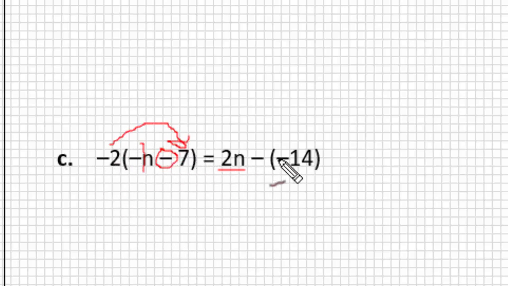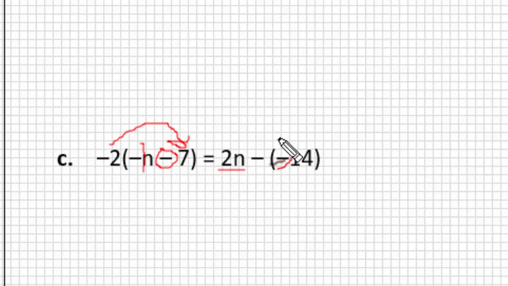Well, a negative times a positive is always a negative, so negative 2 times 7 equals negative 14. So one equivalent expression of negative 2 times the quantity negative n subtract 7 is 2n subtract negative 14.